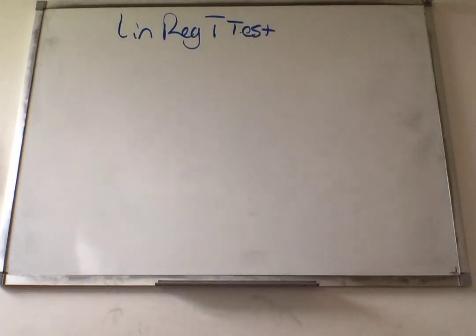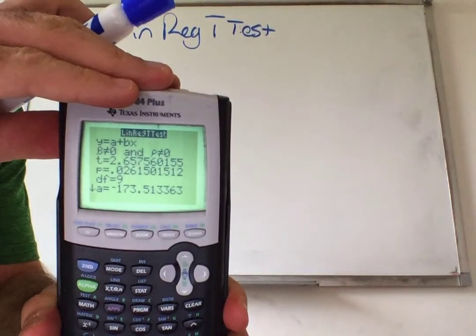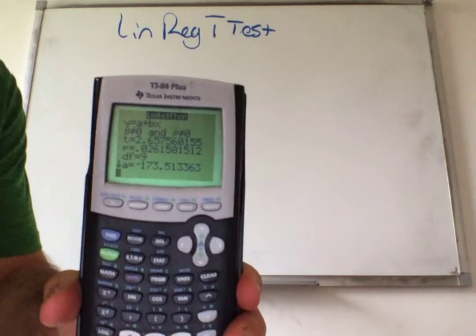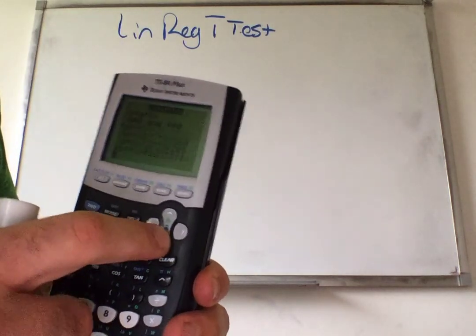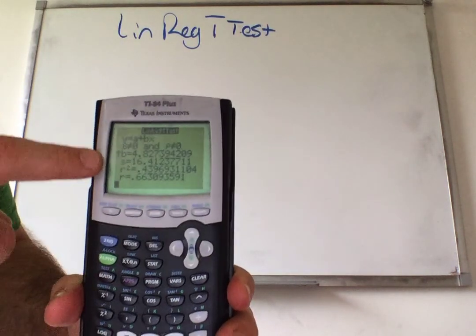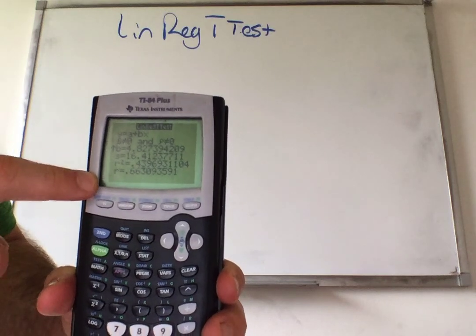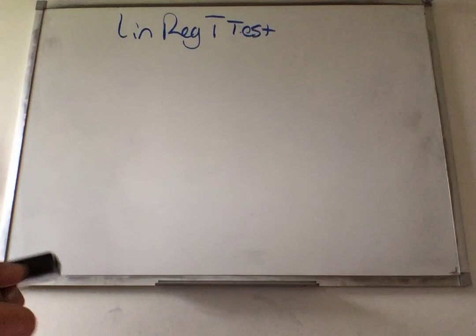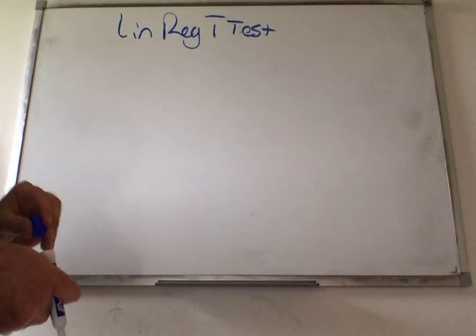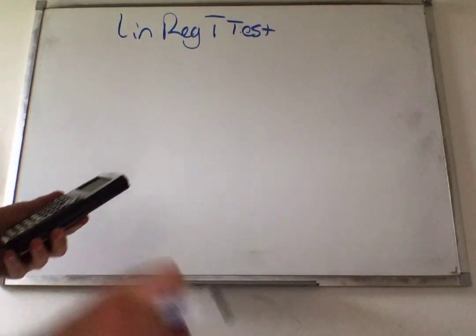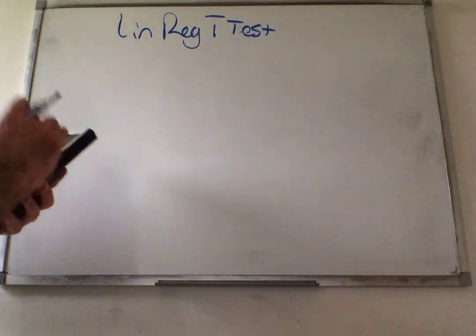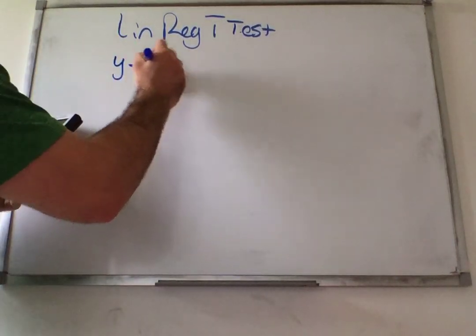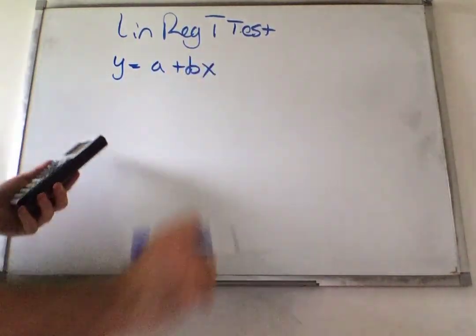So, I'll show you what I got real quick. That's what I got. You can scroll down. It'll tell you your a, b, s, R squared, and r. We're going to go through what these things mean. All right, so at the very top, it says y is equal to a plus bx.